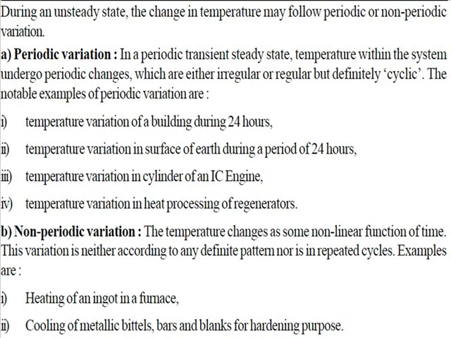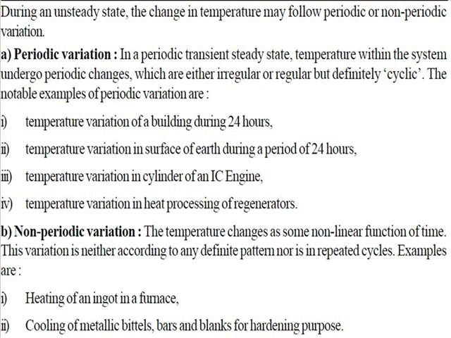So again we have to discuss some examples related to periodic variation and non-periodic variation. If we talk about periodic variation, in the periodic transient state, the temperature within the system undergoes periodic changes, which are either irregular or regular, but definitely cyclic.